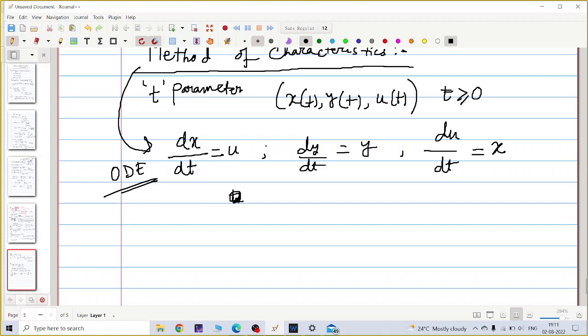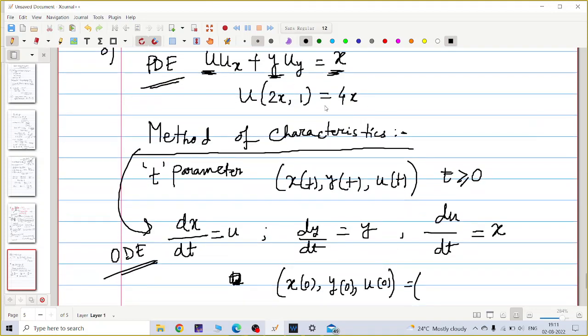What is the initial x0, y0, and u0? It is already given that u of (2x, 1) is 4x. This means this is the initial condition. So I take t as a parameter.